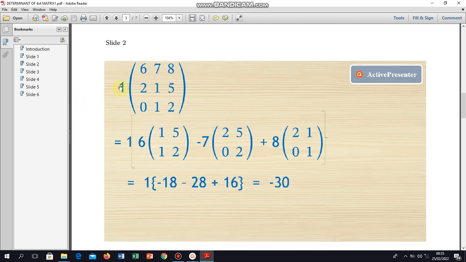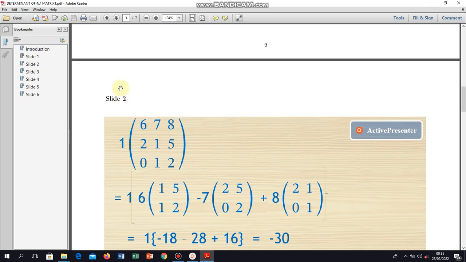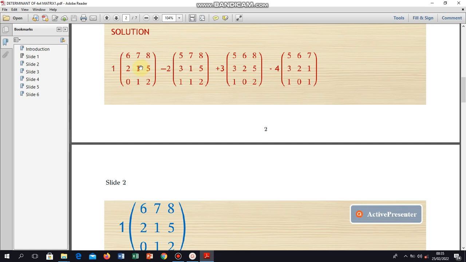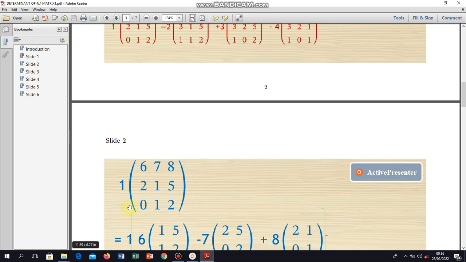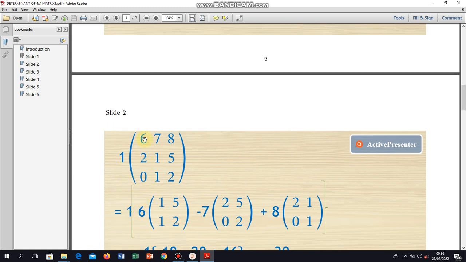Then, at the second step, we ensure that we deal with each 3 by 3 matrix that we reduced from the 4 by 4 matrix. This one being our first matrix, we deal with it first, whereby we have 1 as the main multiple and 6 as the minor multiple, and then shield to obtain 1, 5, 1, 2.